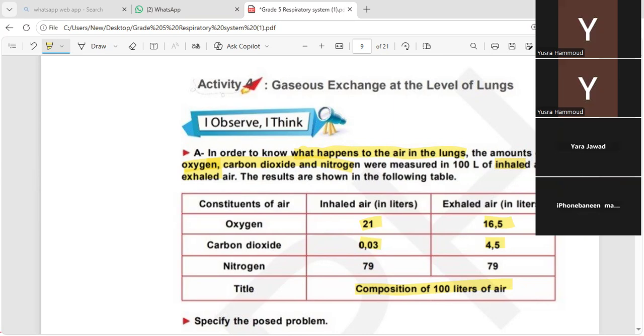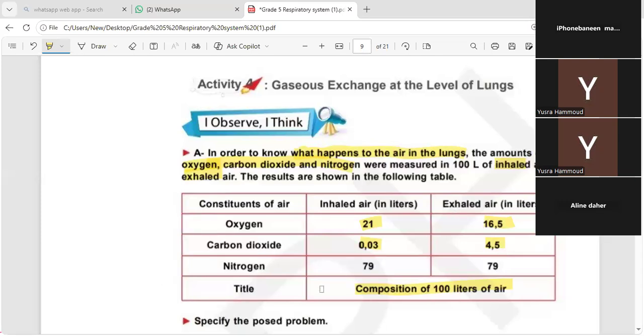From nature. It's in our body: it enters 0.03 to the body and it leaves 4.5. So from where will it come? Think well about it. It leaves the body full of carbon dioxide. From the lungs and from the body.